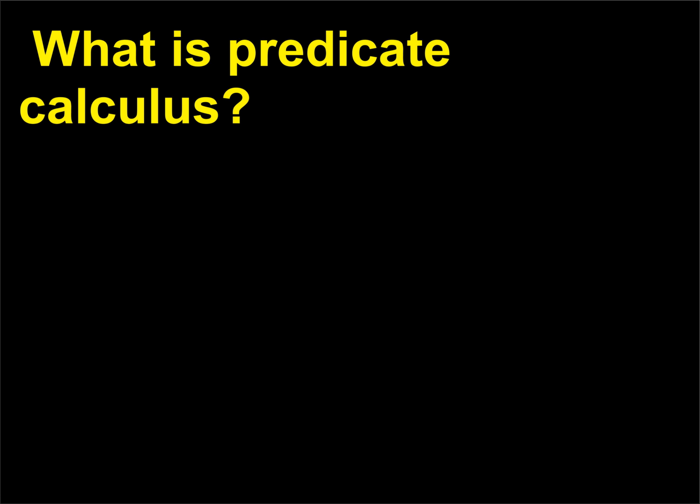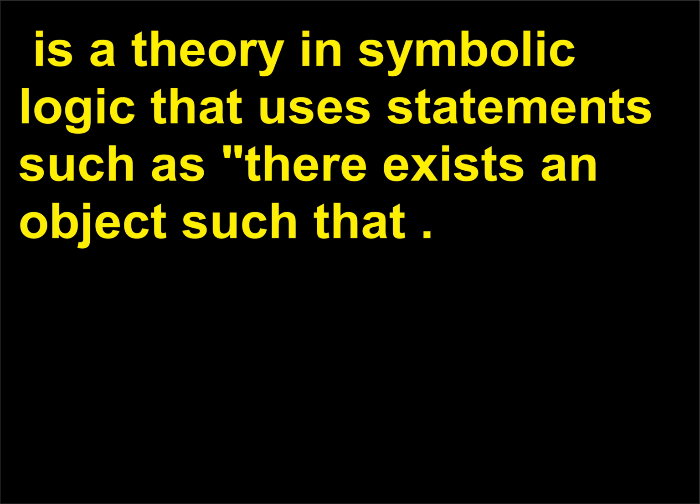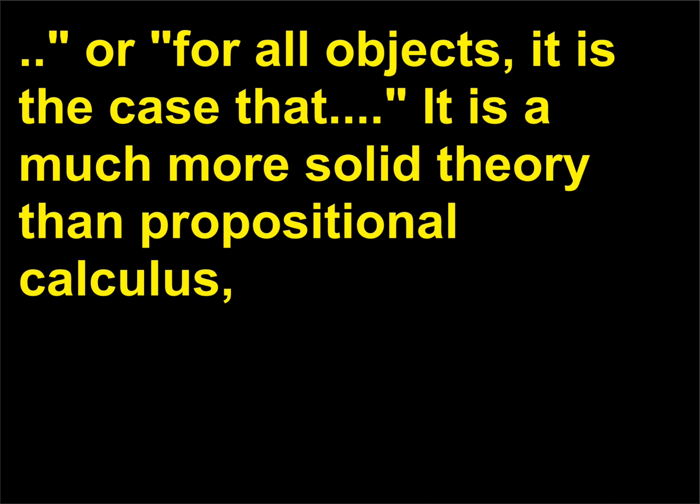What is predicate calculus? Predicate calculus, also called first-order logic, functional calculus, or quantification theory, is a theory in symbolic logic that uses statements such as there exists an object such that, or for all objects, it is the case that.